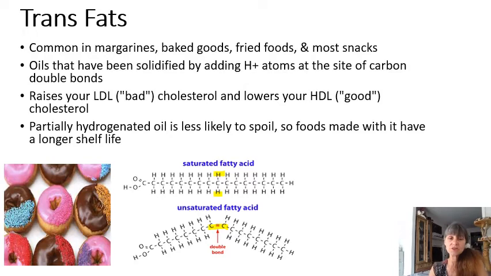And trans fats are not good for the body. They tend to raise the amount of low density lipoproteins, which are LDL. That's considered harmful cholesterol, and they will lower the amount of high density lipoprotein, which is the good cholesterol in your body.